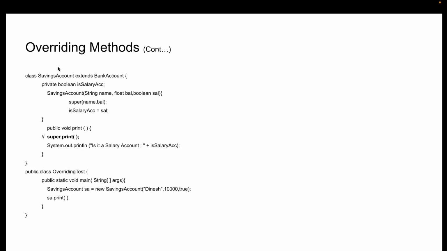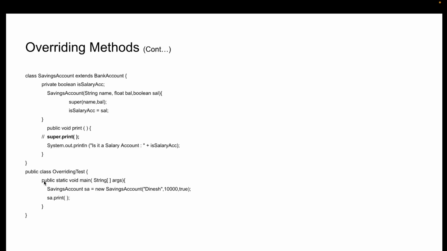We have a child class called savings bank account, which is extending the bank account, and we are creating another print method here. Let's say this super dot print is commented out as of now, and we are printing out this one.